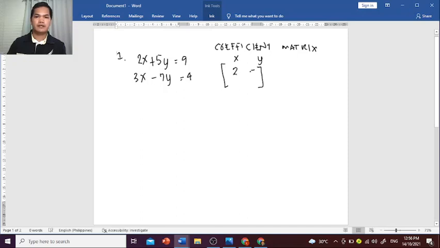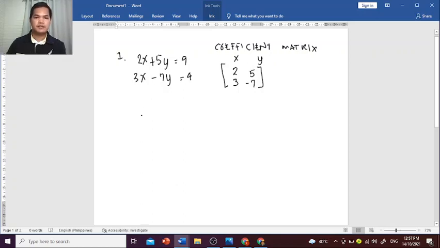The numerical coefficient of y is 5. For our second equation, the numerical coefficient of x is 3, while negative 7 for y. And that is our coefficient matrix for the first linear system.